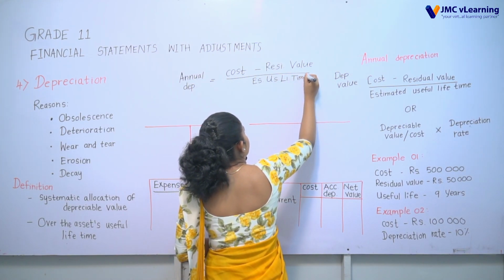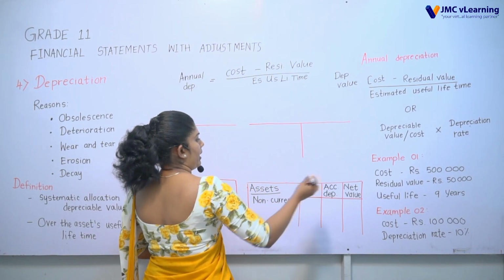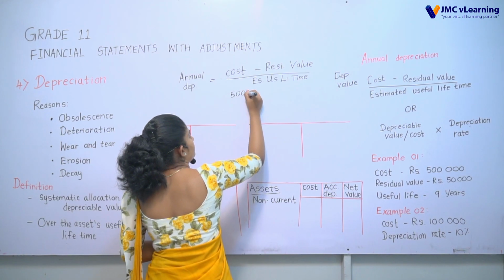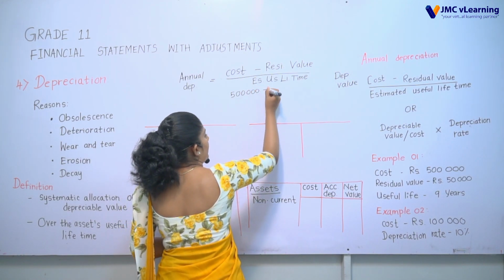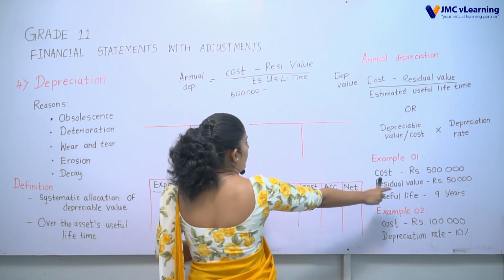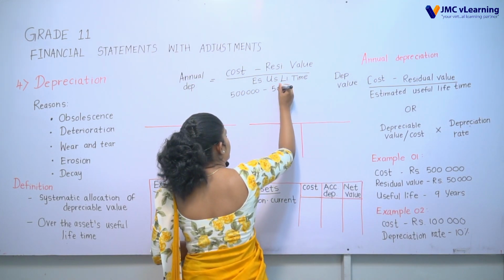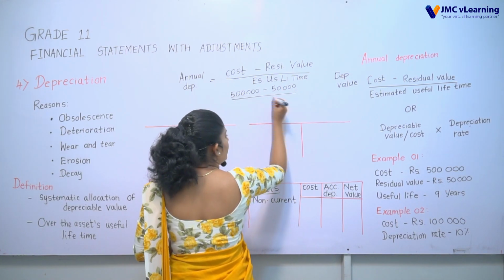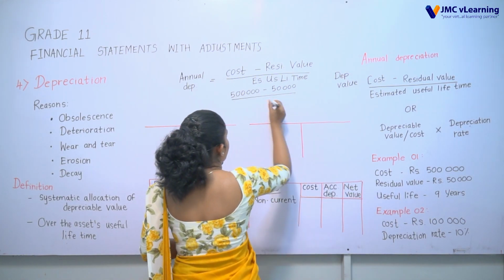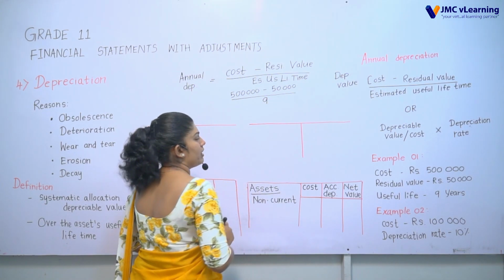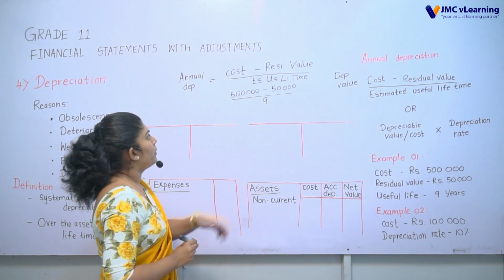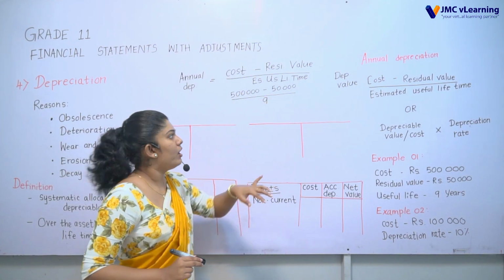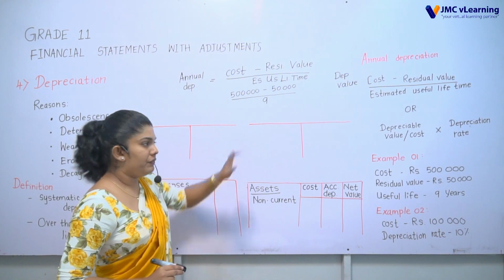So here we have cost 500,000 minus residual value 50,000, divided by estimated lifetime 9 years. So 500,000 minus 50,000 means 450,000.